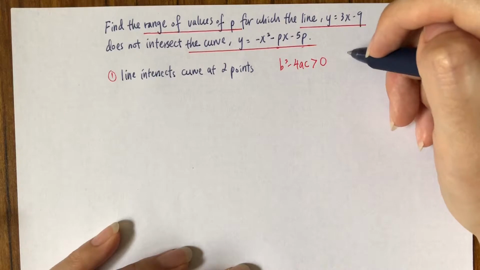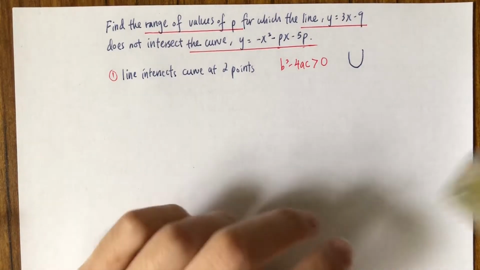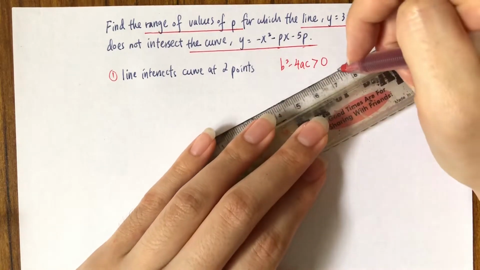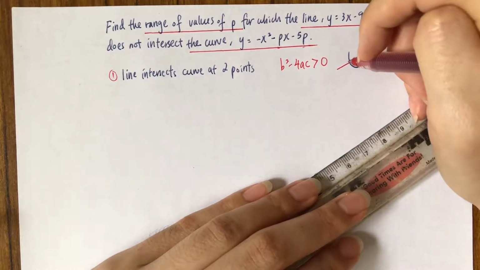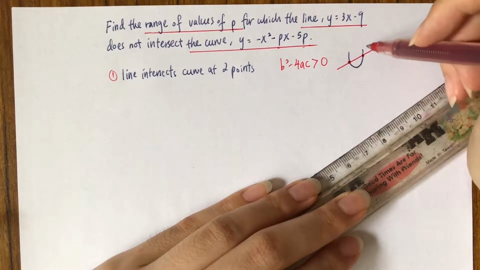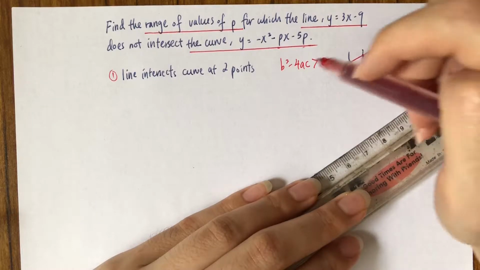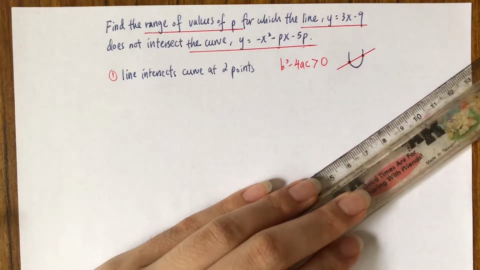Let's say I have a particular curve, and I have a line, and the line goes through the curve and cuts the curve at 2 points, then the discriminant b squared minus 4ac is more than 0.